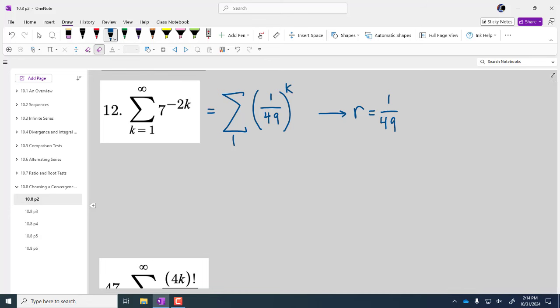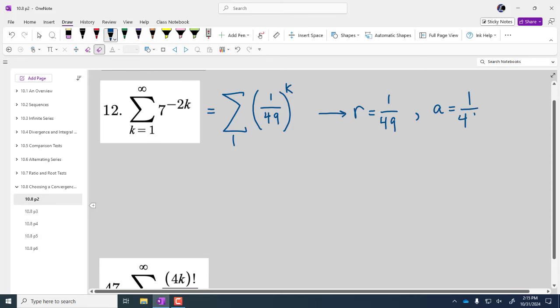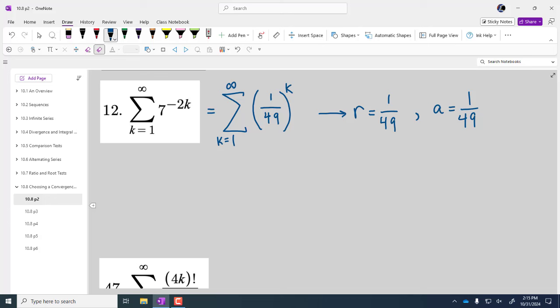And then the other thing we need is A. And what is A equal to in this case? Yeah, same, right? Because we are at an index that starts at 1. Whatever that index happens to start at, you plug it in for that k value, and that gives you your A, which is the first term in the series.